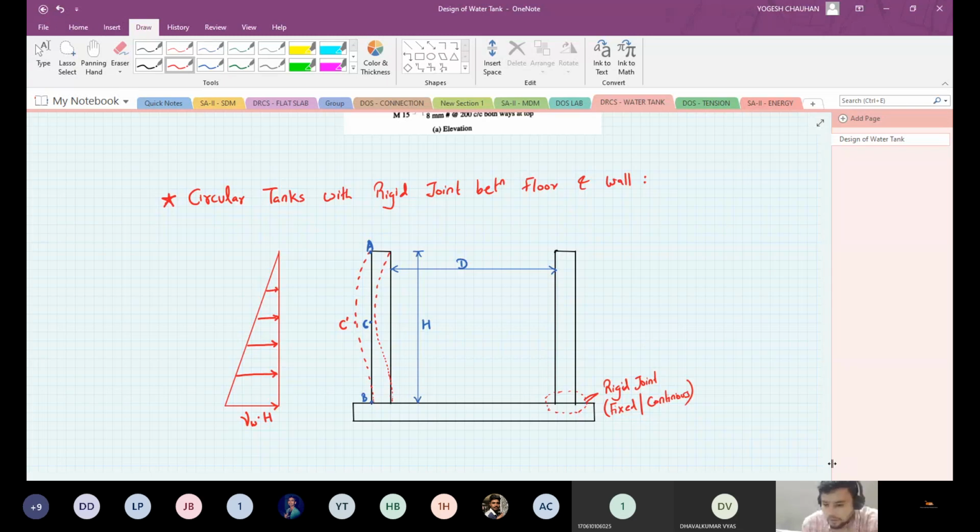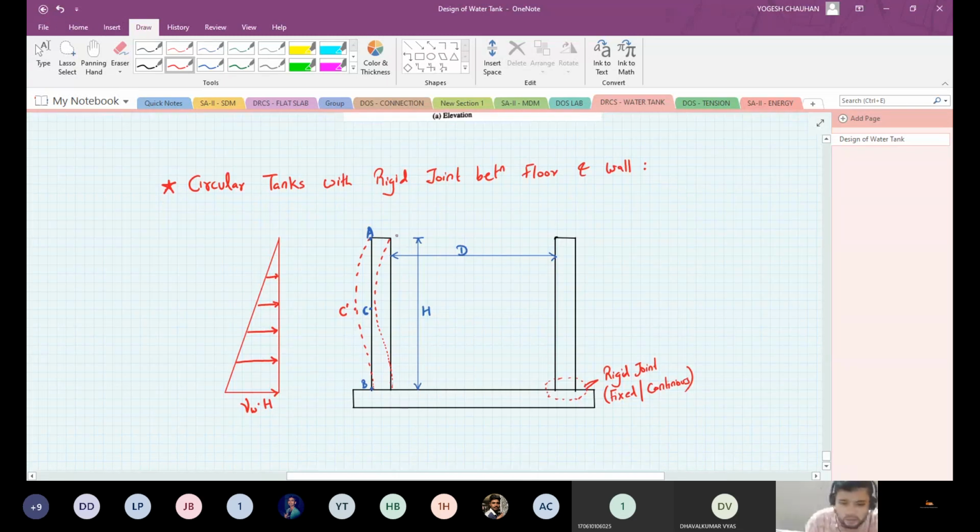And since this wall deflects like a cantilever, we can say that at this point your deflection is zero and slope is also zero.